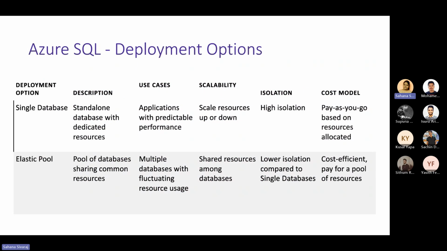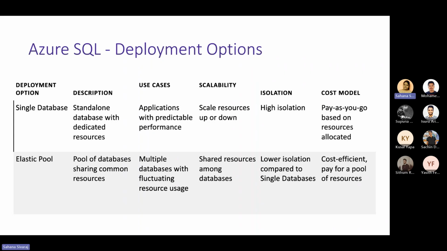And let's look into the deployment options, how we are going to deploy the Azure SQL database. At first, the single database option is available for standalone databases, which is used for predictable performance for the application that is already deployed.